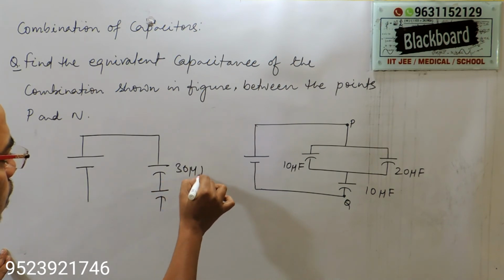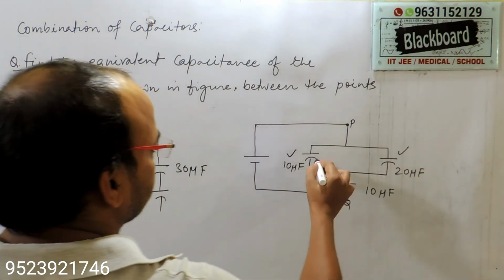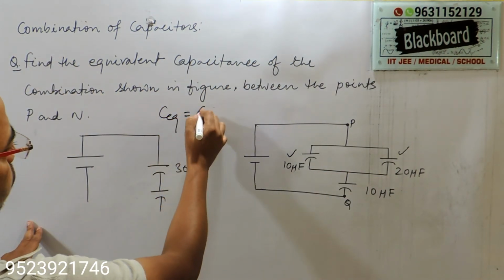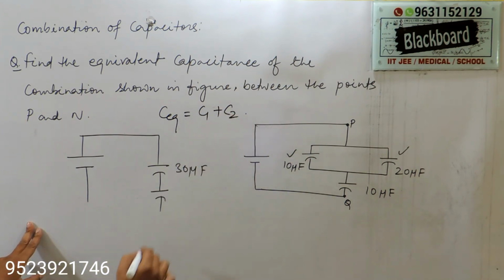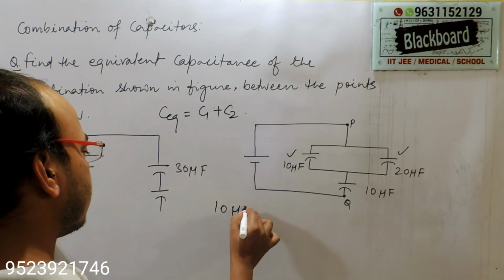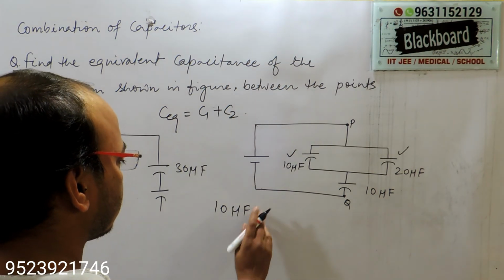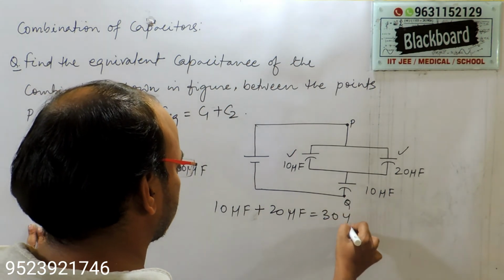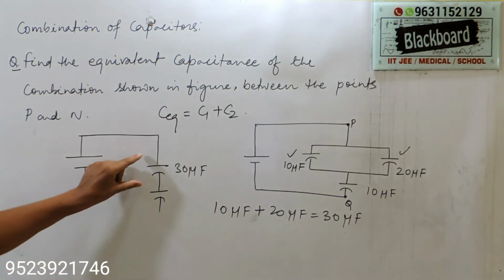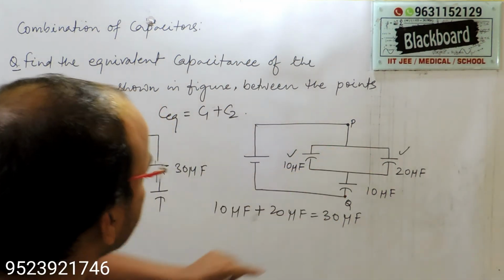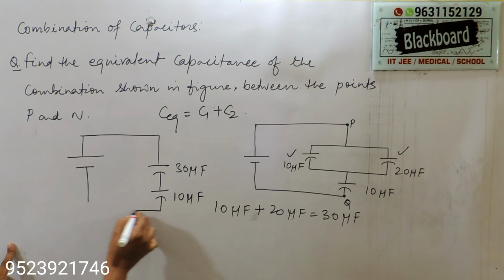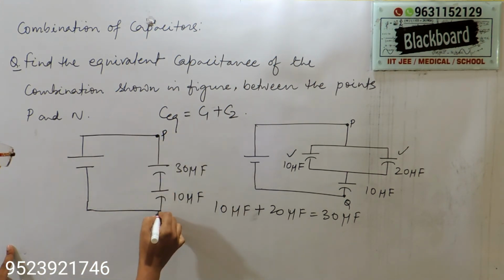This one and this one are in parallel, and for parallel capacitors C equivalent is C1 plus C2, that means 10 microfarad plus 20 microfarad is equal to 30 microfarad, the equivalent capacitance of these two capacitors, and this is here 10 microfarad, and this is the connection with the battery. This is P and this is N.